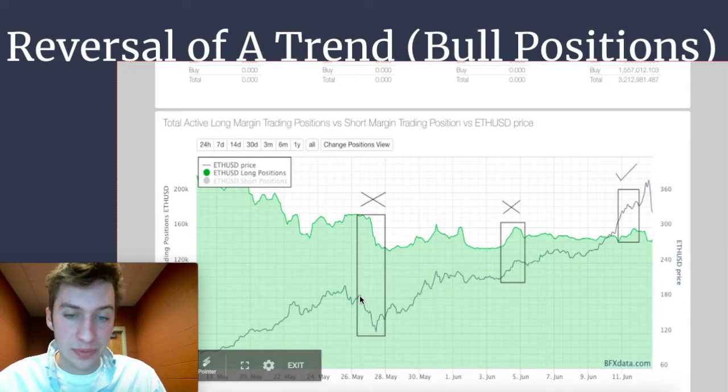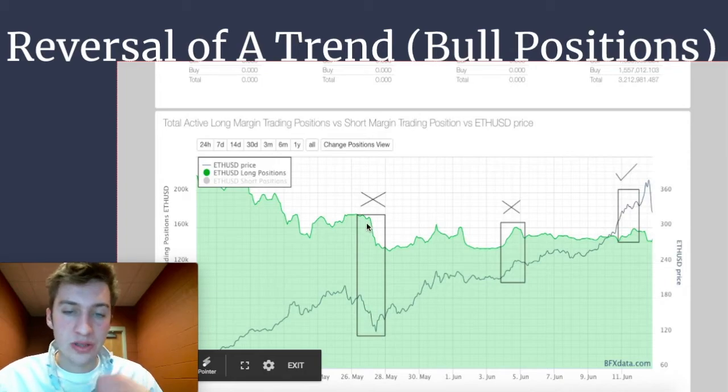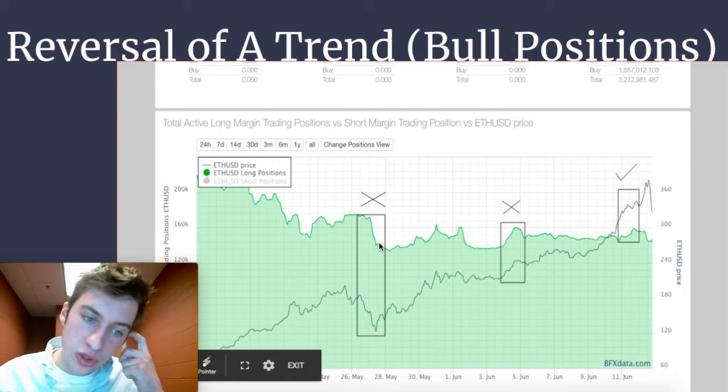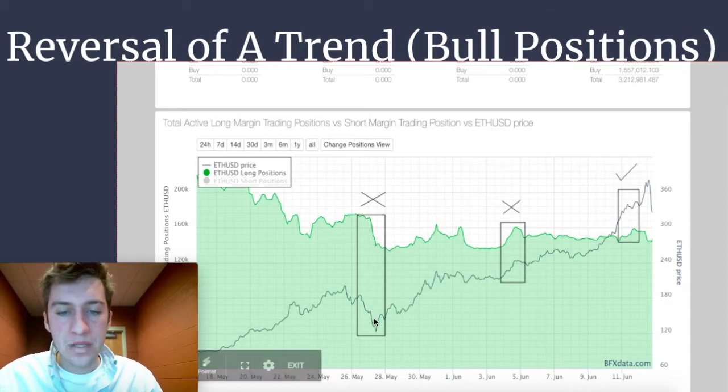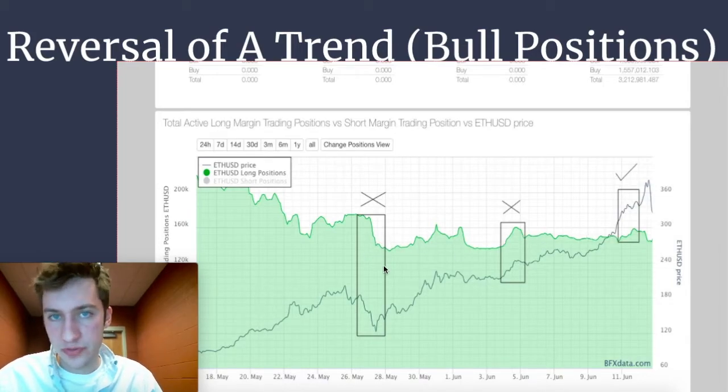So that's exactly what happened. We have a market crash, and then all the bulls jump out, which creates a vacancy, and then institutions begin buying up. And we have price move upward as the retail bull positions don't really move that much, but they do fluctuate. But that's what happens with this first point here and why it's not a reversal.